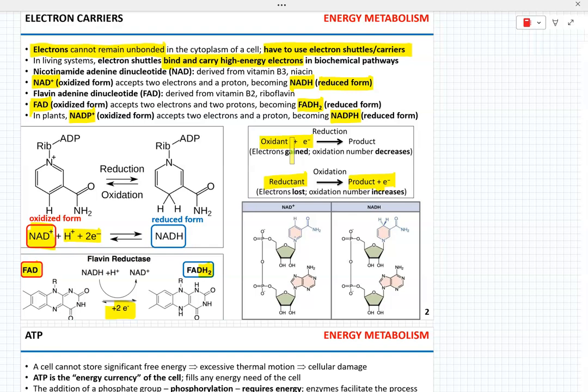FAD serves as the oxidant to become FADH2, and FADH2 can serve as the reductant by giving electrons away. You can see where electrons are attached in the molecule of NAD, NADH. They are attached to this pyridine moiety within the molecule.